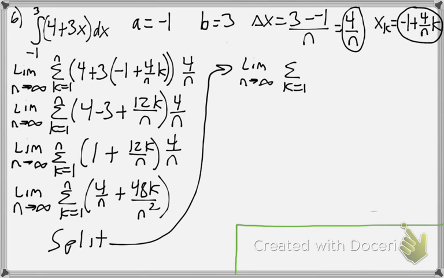So I'm going to put the sigma notation with the 4 over n, as well as with the 48k over n squared. And we put kind of a boundary here because it's running into that.